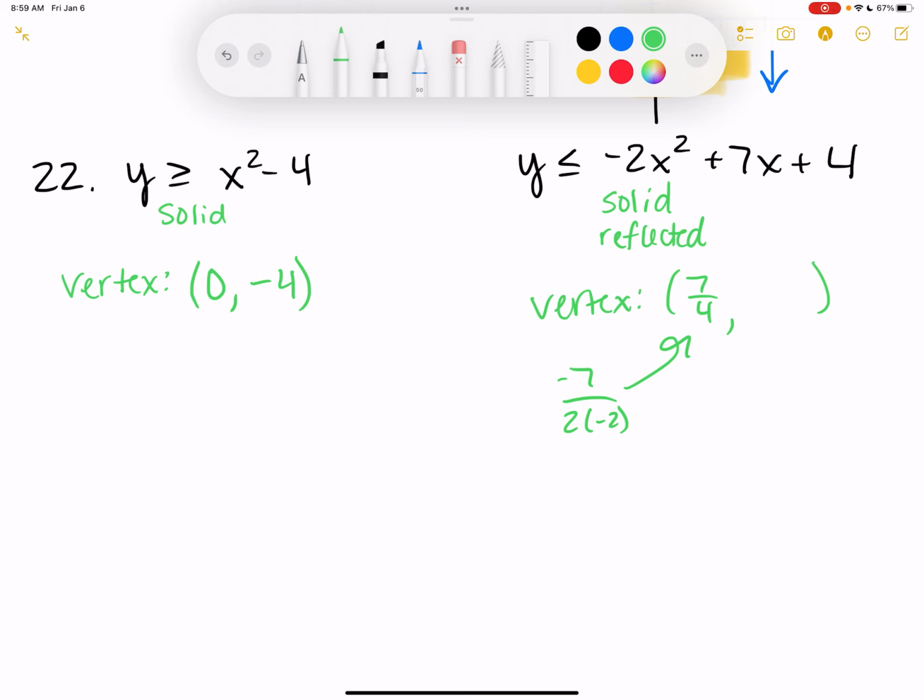Again, if you want to use a decimal, you can. So it's negative 2 times, I'm going to tell you what the decimal is, 1.75 squared. And notice only the 1.75 gets squared, not the -2 that's with it, just the x value. Plus 7 times 1.75 plus 4.